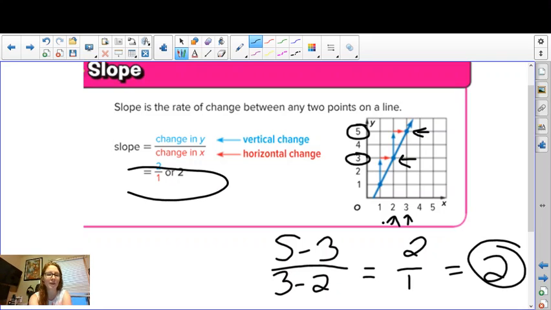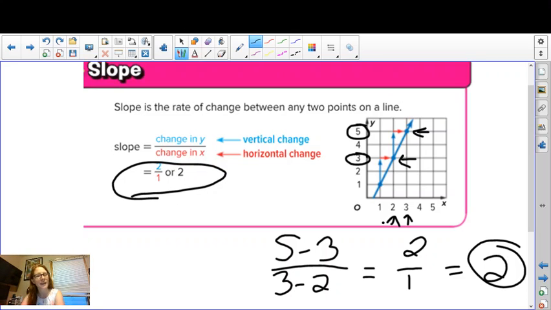Which, yes, we see right here, but we might have questioned, where did they get the 2 from? How are they getting 2? Well, it's because we go up 2, and then we went to the right one. Or I could have mathematically calculated it like I did right here, and we did on the last lesson.